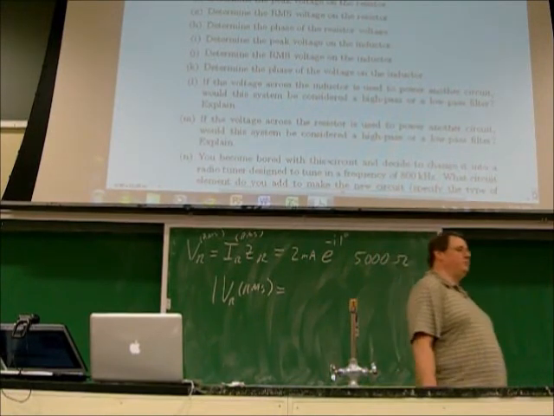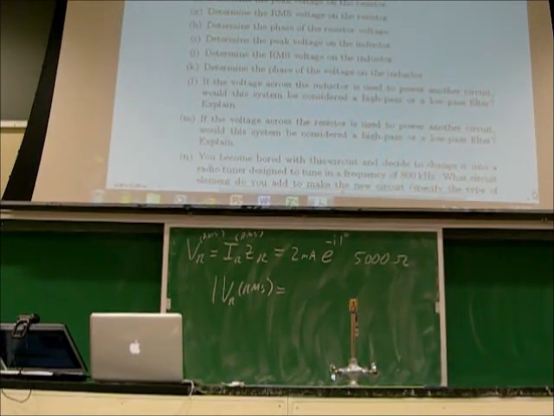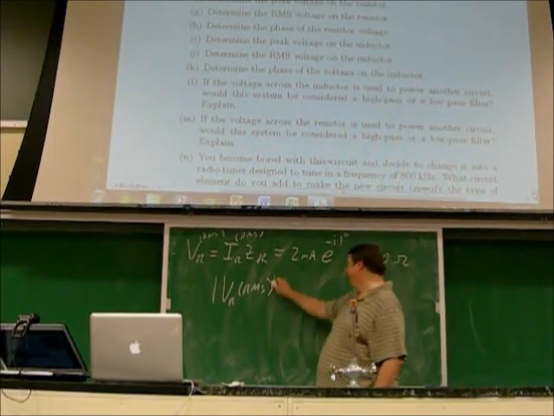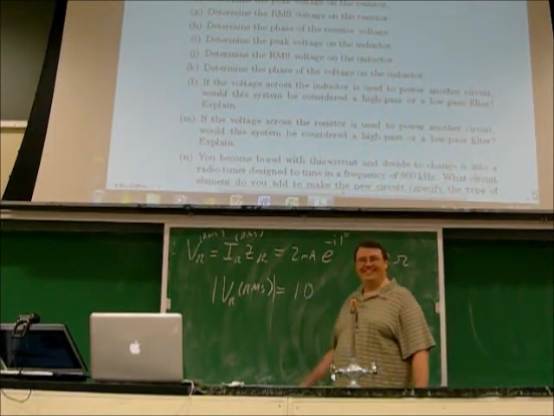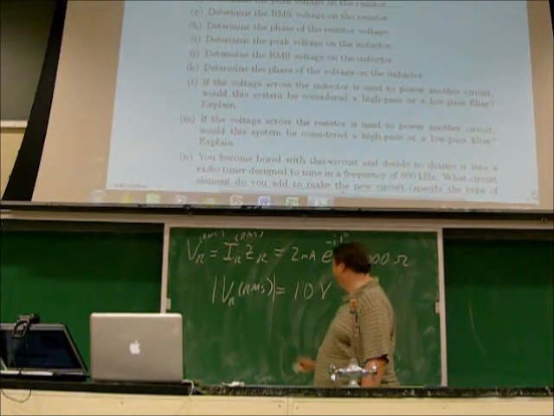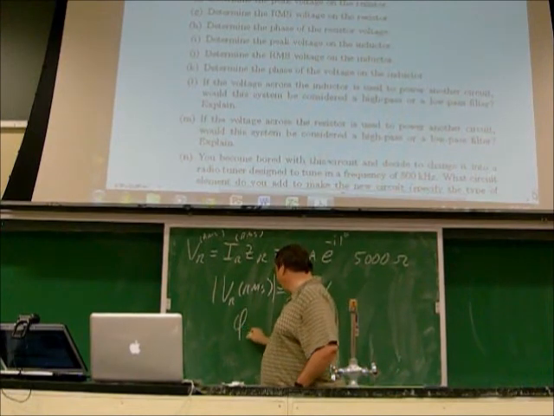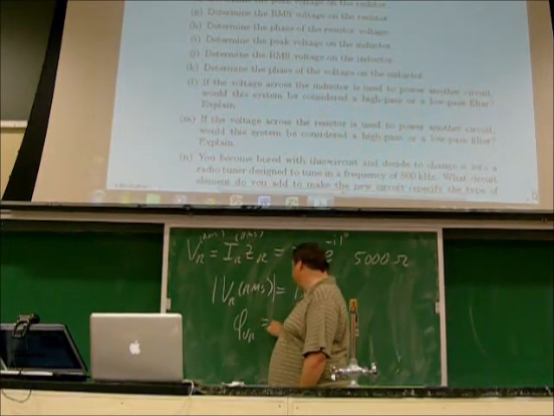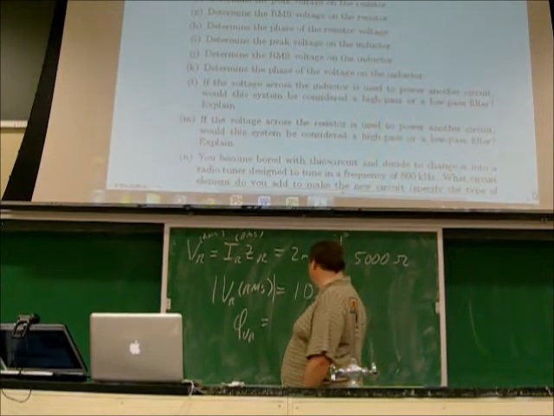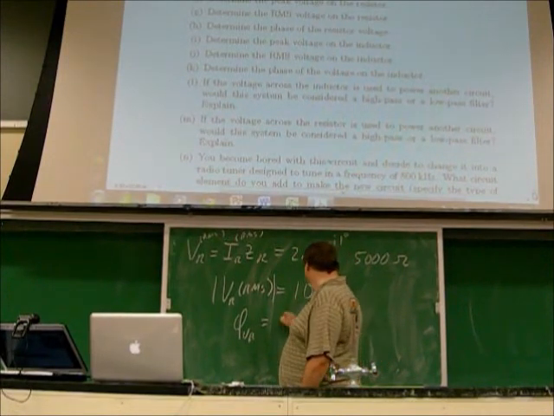Rounding it to the level at which we have now rounded off, how much voltage goes on the resistor? 10. And the phase of the voltage on the resistor is negative 1 degree.